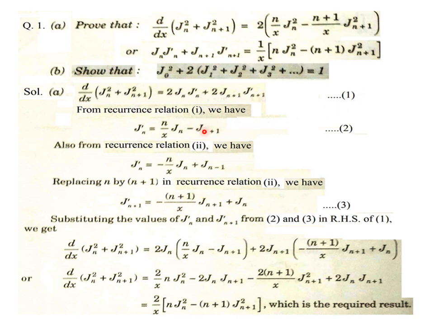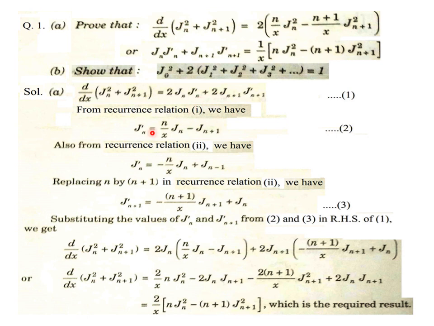So here we are using the first recurrence relation, and using that we have the value of Jn dash in terms of n by x Jn minus Jn plus 1, and that Jn dash can be substituted in the first term of the right hand side of equation 1.